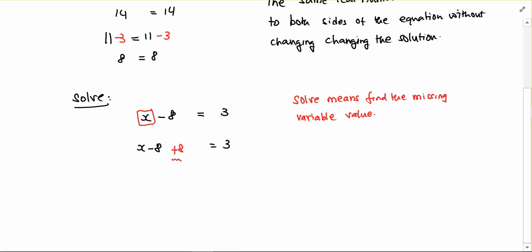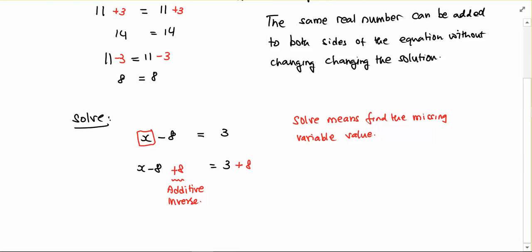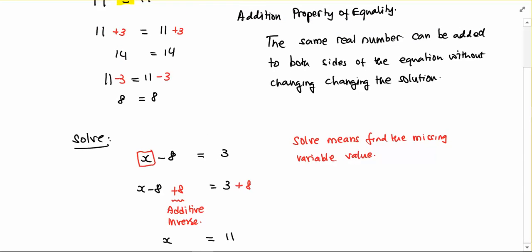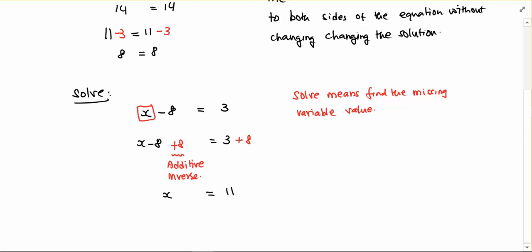So this is the additive inverse, one of those properties again. And so if I add it to the left, I must add it to the right, because adding the same real number is the only way that we can get an equation without changing the equation solution, right? So in this case now, the 8's cancel out, and I get x on the left and 11 on the right, which is what we guessed at, x equals 11. So you can see how using this addition property of equality, we can solve simple equations.